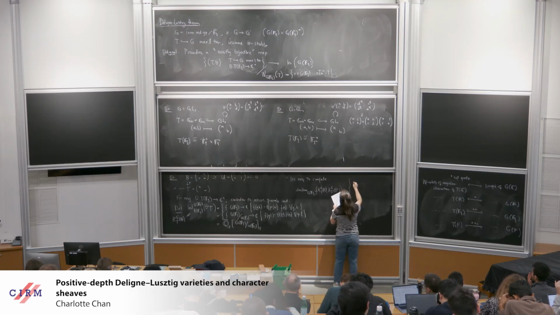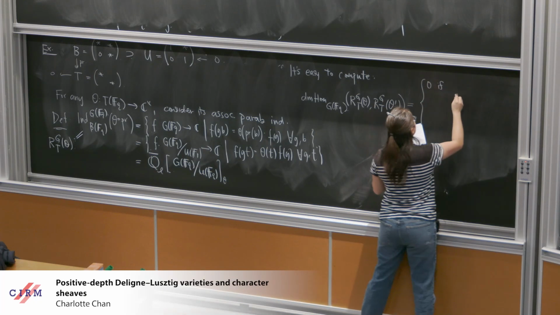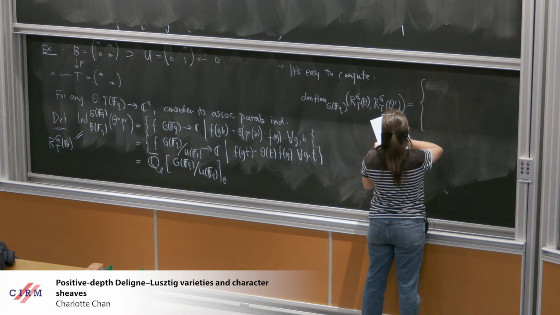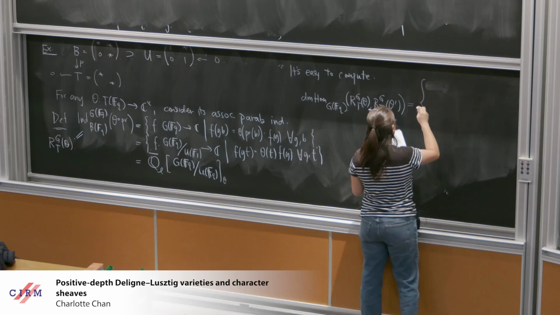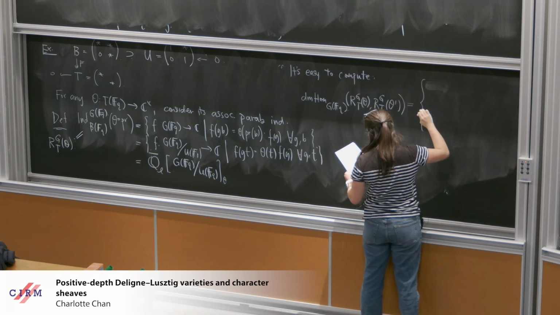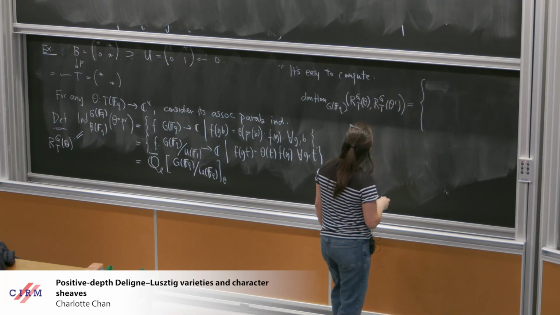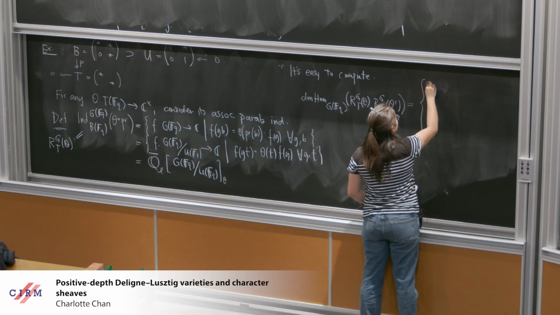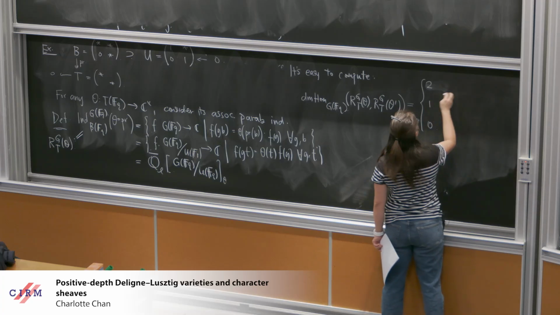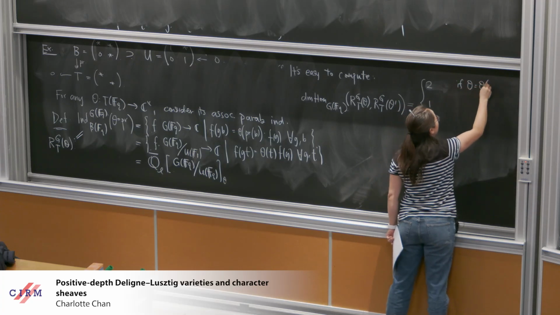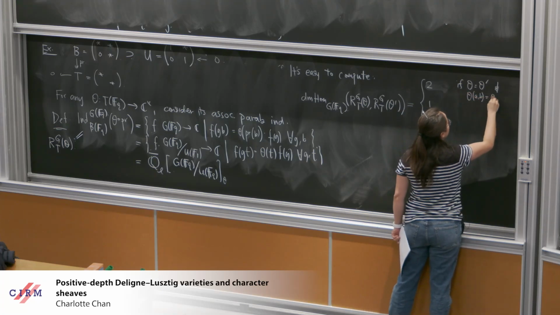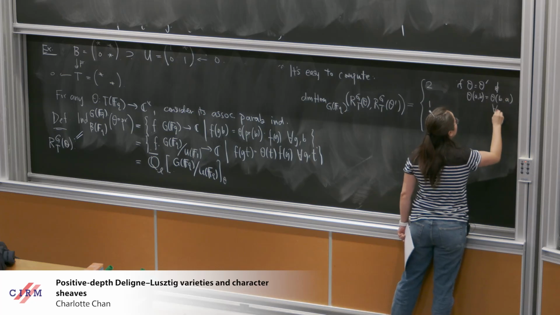Okay, I realized there was a computational error in my notes, so now I have to think on the spot. The numbers are 2, 1, or 0. It's going to be 2 if theta is equal to theta prime, and also theta of AB is equal to theta of BA for all A and B.